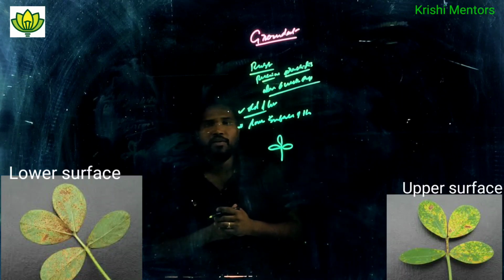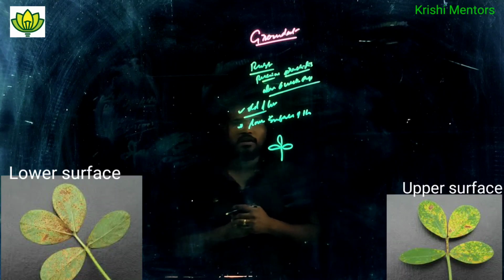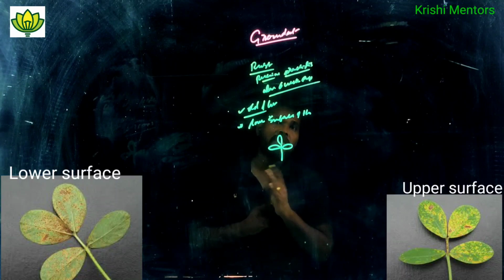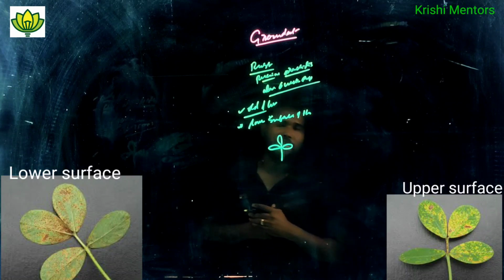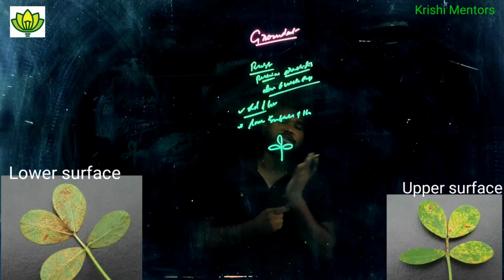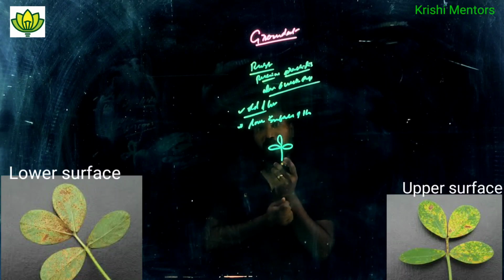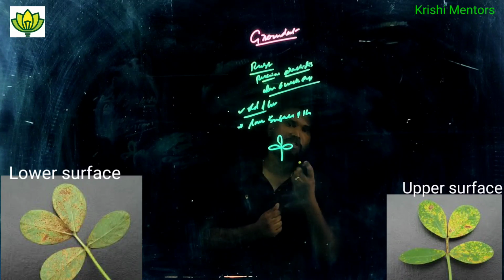So pale yellow or light brown spots appear, and gradually these spots become big and dark brown or reddish or orange colored. The surface of the spots is rough, with pustules or rough structures appearing.